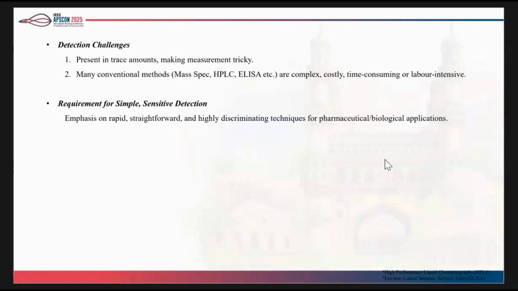If you consider ELISA as an example, which is basically used in hospitals, it takes a minimum of 3 to 5 hours to get the results, because it has continuous washing, incubation, and many other processes. Also you need a trained person to do the detection experiments. Therefore, there is a need for a simple technique which can sense the vitamin B12 molecule.